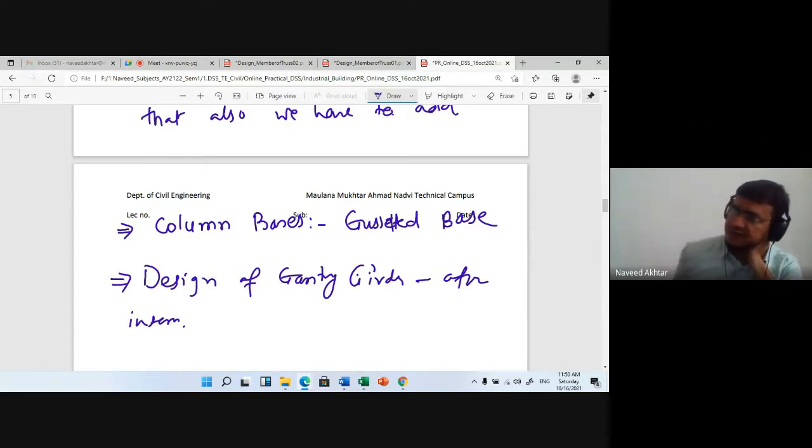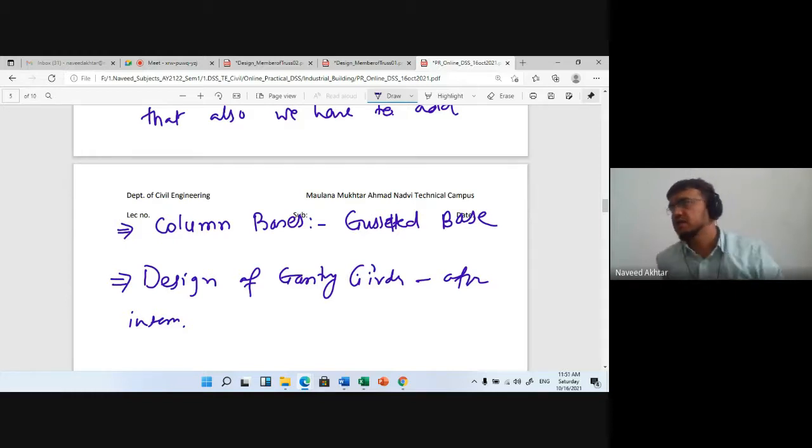And then the gantry girder load, based on how many tons of gantry you are selecting, you calculate the load. And the weight from the bracings, all transferred to the column. And the moment is also coming on the column, then you have to design the column with axial load and moment. That is today's work.